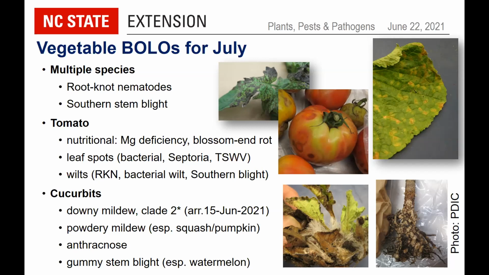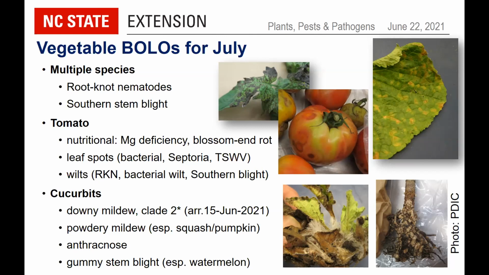Tomato, we can get into some nutritional deficiencies. Blossom end rot, of course, developing fruit with a calcium deficiency, and the interveinal yellowing of the lower leaves indicates a magnesium deficiency.